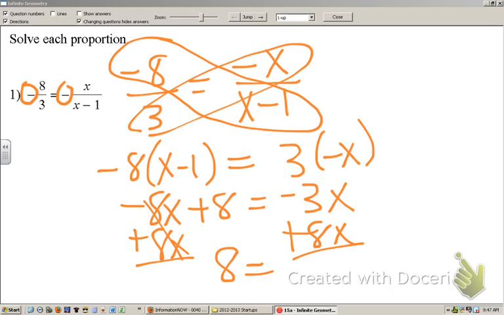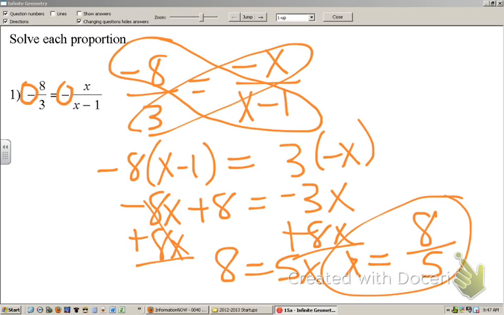So 8 is equal to 5x. So x equals 8 over 5. And I'm going to leave it as an improper fraction. I'm not going to put a decimal answer because there's that possibility that the decimal answer may be a repeating decimal, and that causes me to do more work.